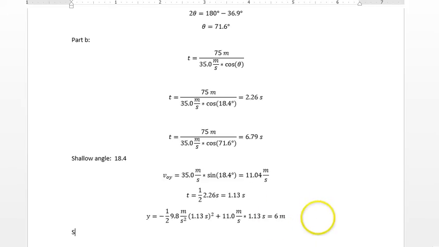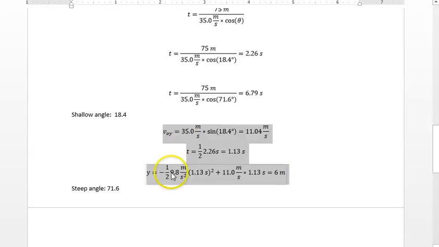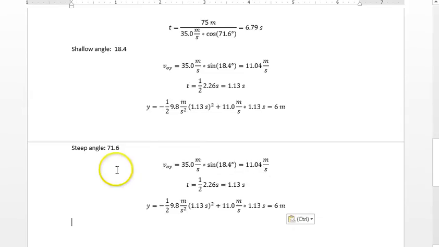Let's just take a look. Steep angle is 71.6, right? So we're doing the same thing. I'm going to copy all of this down and change things. So this is now 71.6.